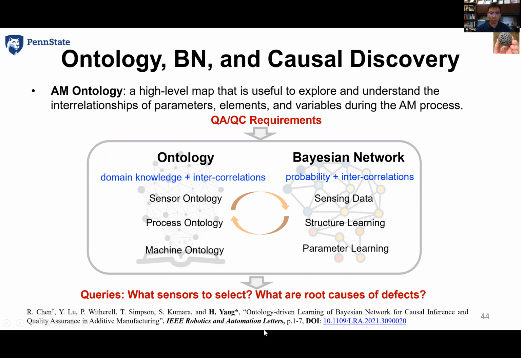And this is one paper that we have recently published, called ontology-driven learning. That means you have an initial network based on the ontology, and you also have data. Now you can learn from the data and also integrate the ontology knowledge, and then you generate a new Bayesian network, not just purely learn from the data. And then you do the causal inference and the quality assurance in additive manufacturing.